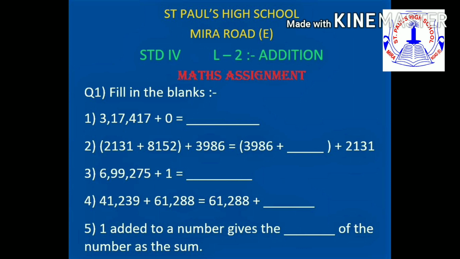Question number 1, fill in the blanks. First one, 3,70,417 plus 0 is equal to dash.